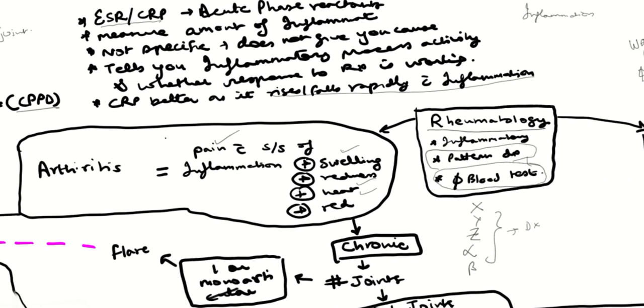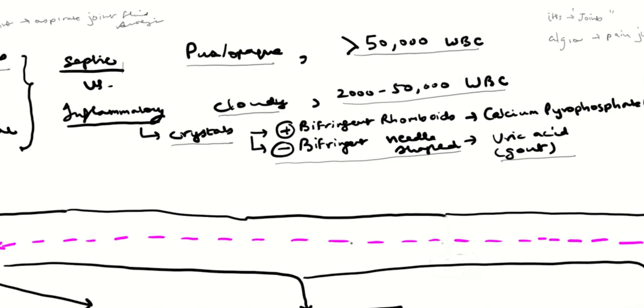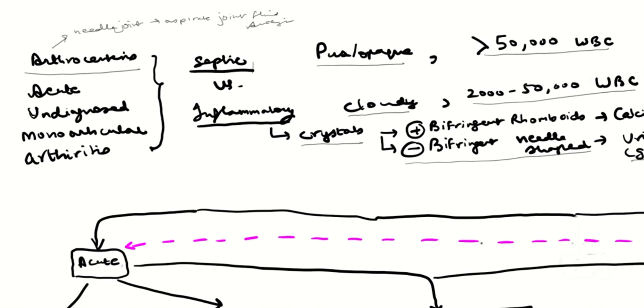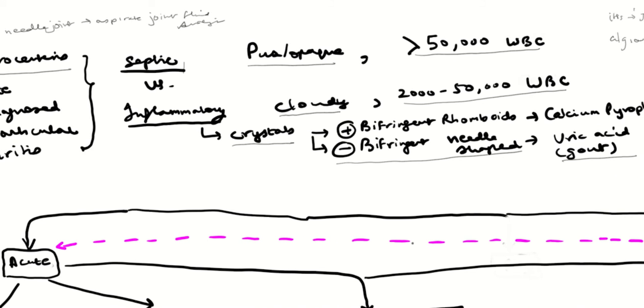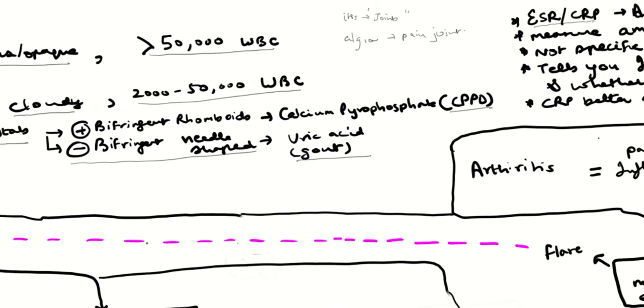We know if there's inflammation, how we can measure it with some non-specific blood tests, and then how to look at arthrocentesis fluid that we derive from arthrocentesis, and figure out whether it's septic versus inflammatory, and even within inflammatory, are there crystals?